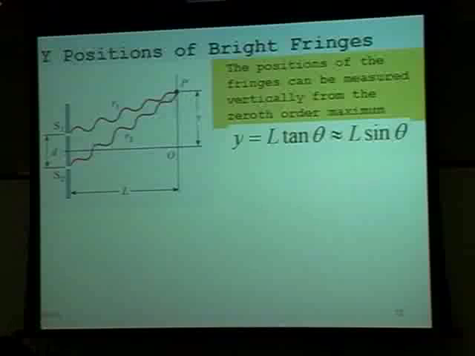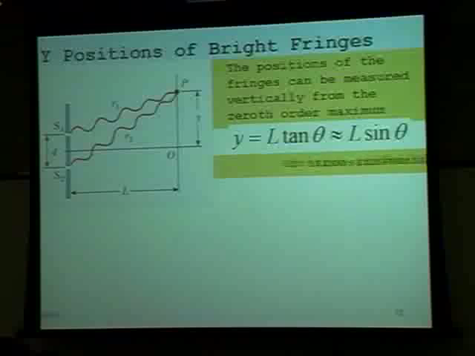But theta is really small. We're looking at a really small diffraction pattern that's really far away from the two sources. So theta is extremely small, and in that approximation, the tangent of theta is approximately equal to the sine of theta.